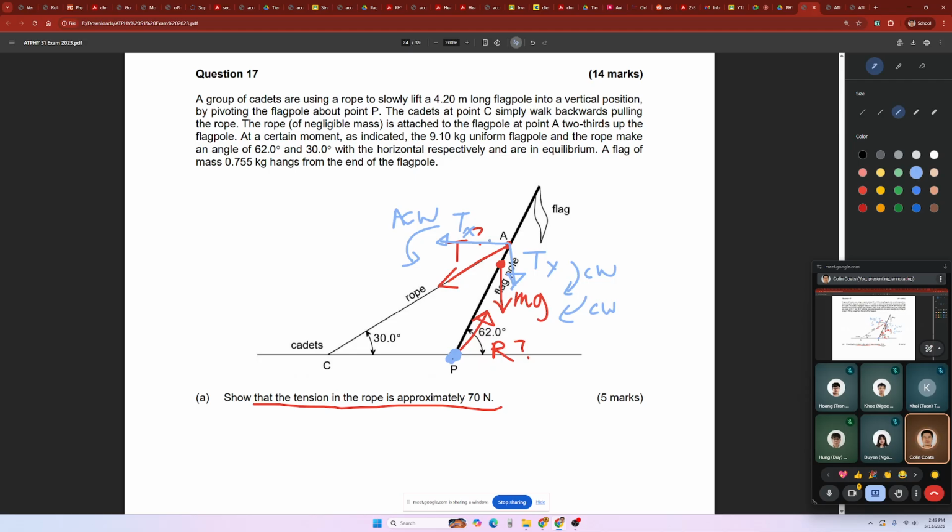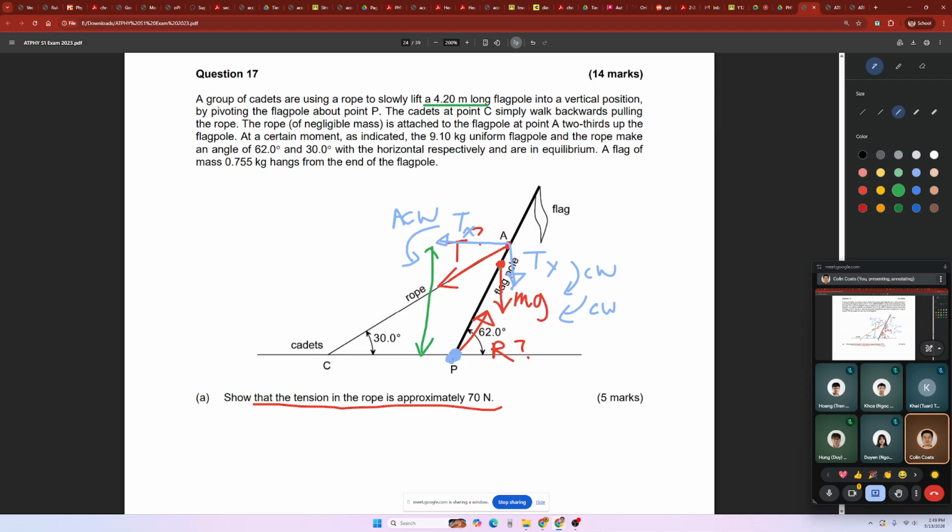All right, so let's establish our equation now. Oh, no, I'm sorry, we are missing some information. We need our R value. So where is it attached? Let's take a look at the question: using a rope, slowly raised. So the pole is that long.